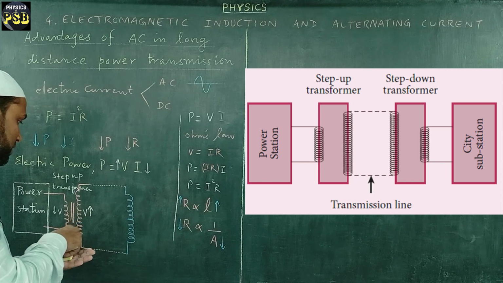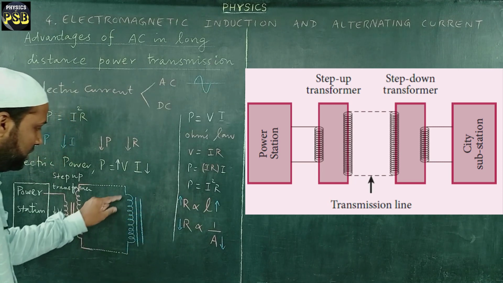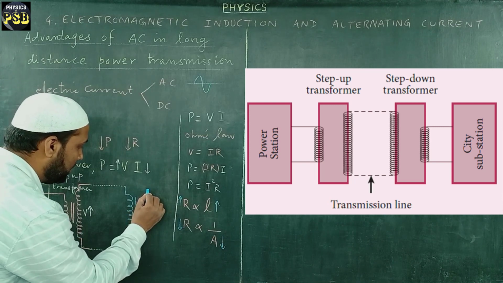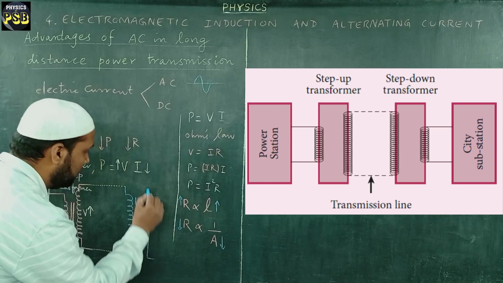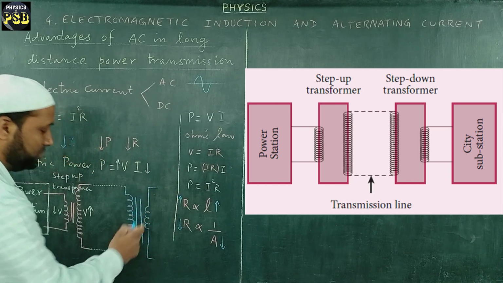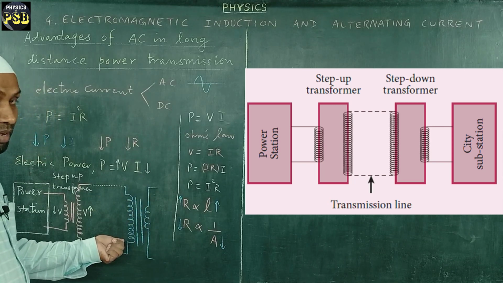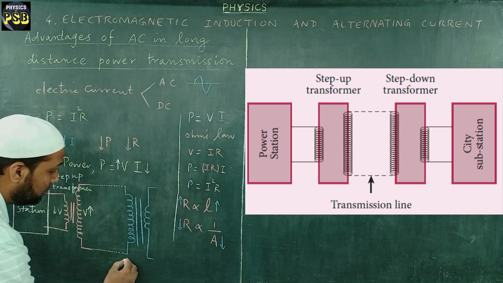Now in case of a step down transformer, the number of turns in the primary coil is more than the number of turns in the secondary coil. See, the number of turns in the secondary coil is less compared to the number of turns in the primary coil. So we call this kind of transformer a step down transformer.